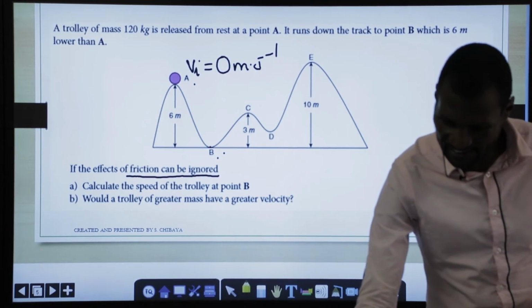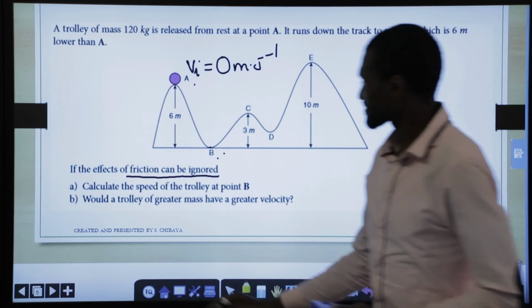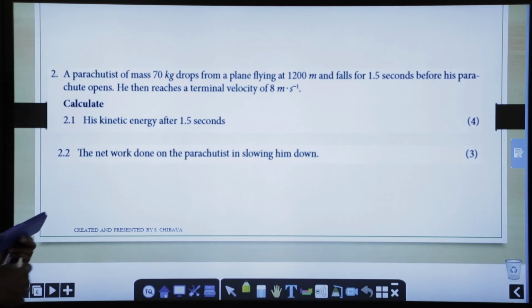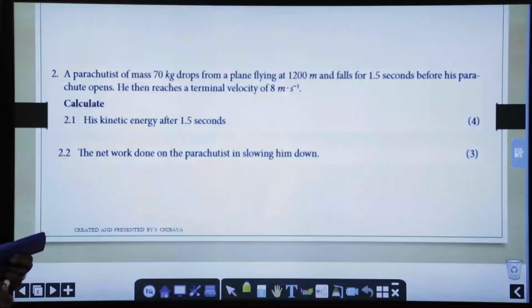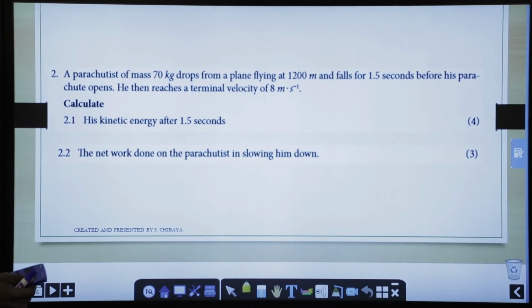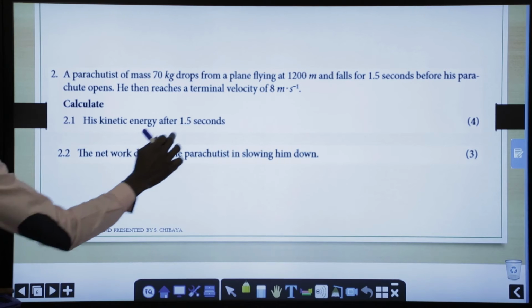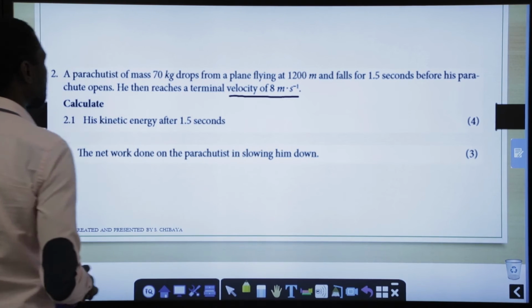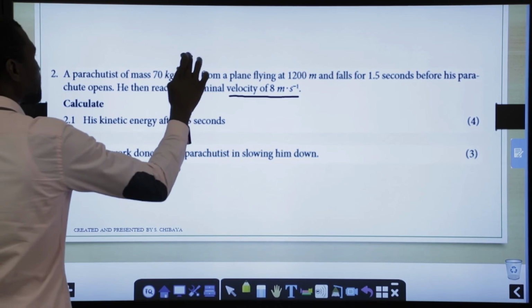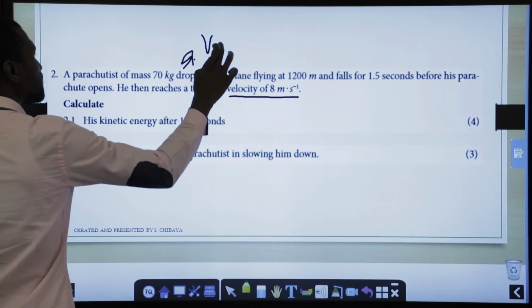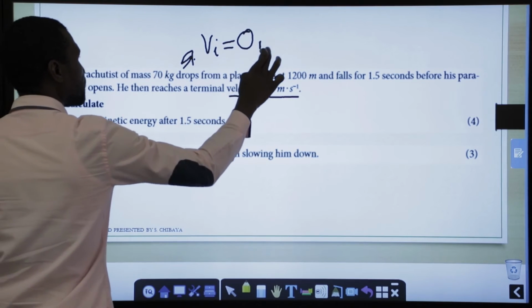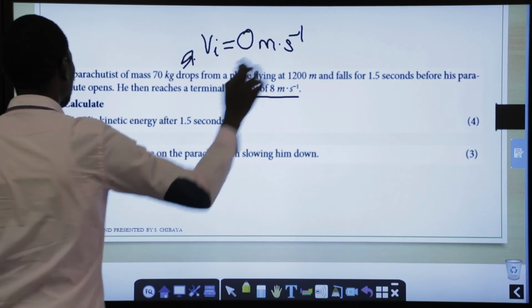The next question says, a parachutist of mass 70 kg drops from a plane at 1,200 meters and falls for 1.5 seconds before his parachute opens. He reaches a terminal velocity of 8 meters per second. If he drops, what is his initial velocity? V initial is equal to 0 meters per second, right?